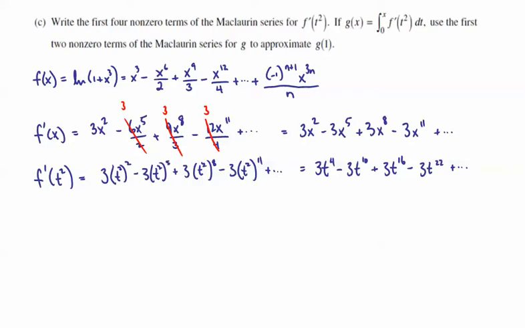And so those would be the first four terms of f prime of t squared.